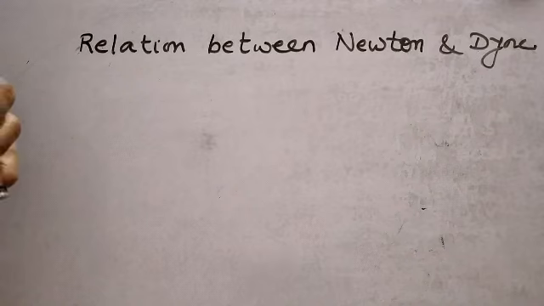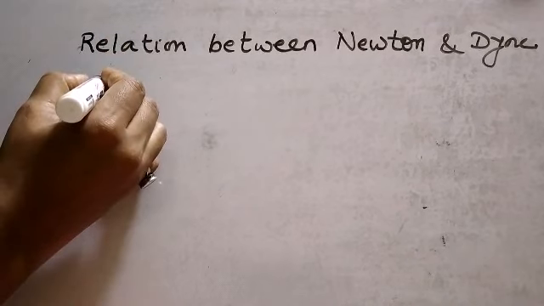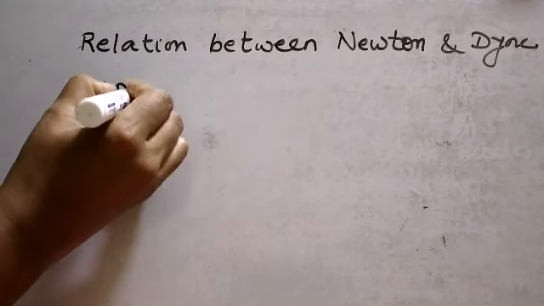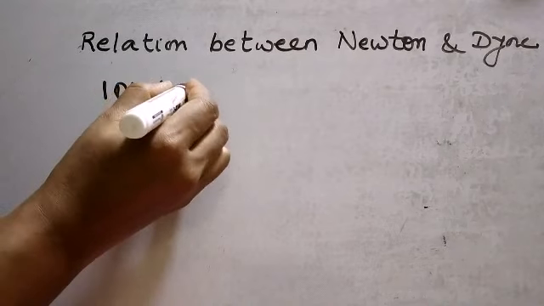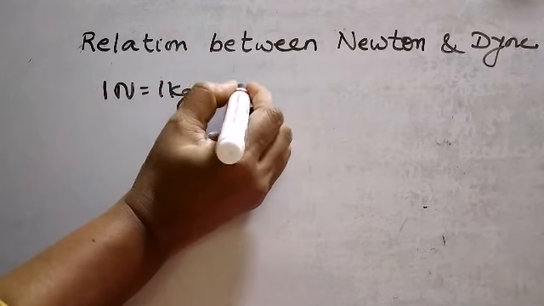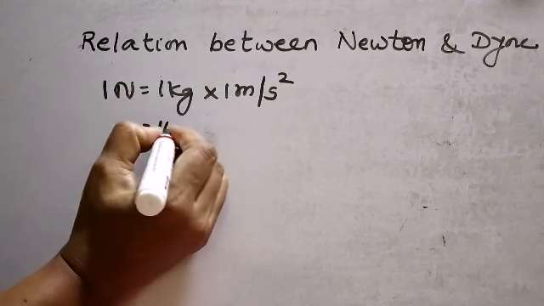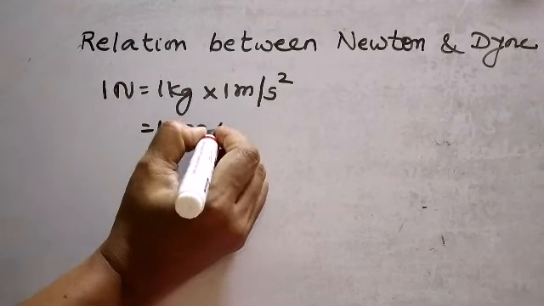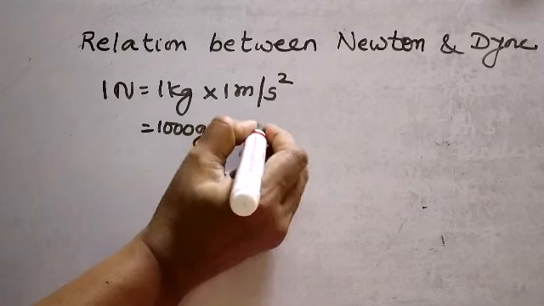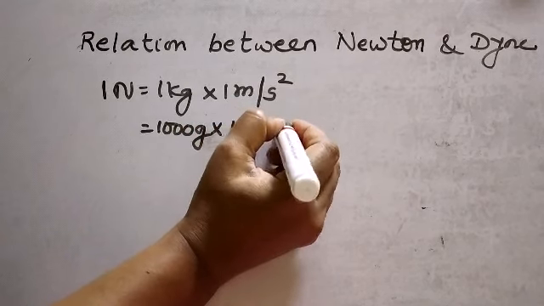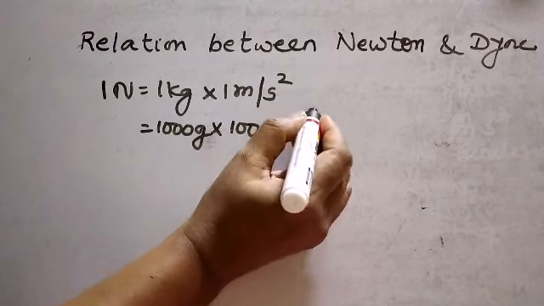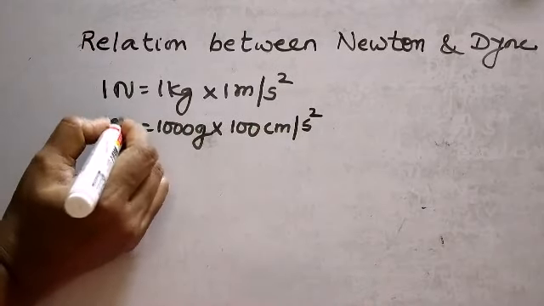Let's see the relation between Newton and Dyne. We know that 1 Newton is equal to 1 kg into 1 meter per second square. 1 kg means 1000 grams. To convert meter into centimeter, we multiply by 100, so 1 meter per second square becomes 100 centimeter per second square.